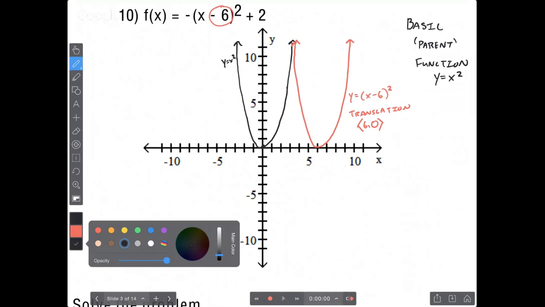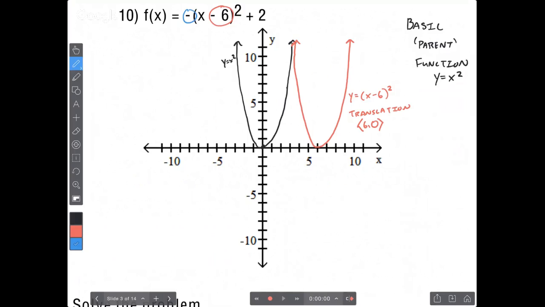Then what? Oh, now I see this negative sign. That's the next thing that's happening. So a negative out in front of the function is a reflection about the x-axis. So I'm going to again make a copy, and then I'm going to reflect that copy around the x-axis.